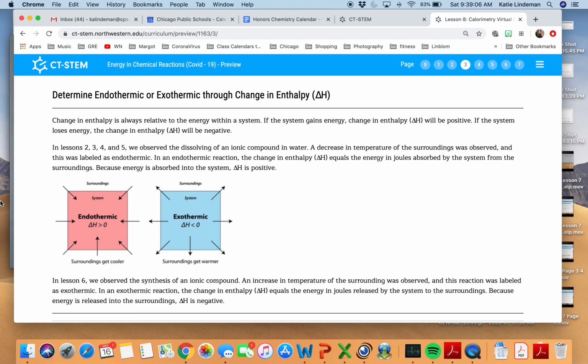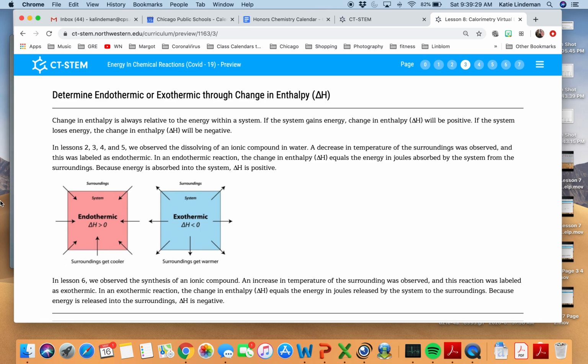If the system loses energy, the change in enthalpy will be negative, meaning you have lost energy. In lessons 2, 3, 4, and 5, we observed the dissolving of an ionic compound in water. A decrease in temperature of the surroundings was observed, and we labeled that as endothermic.